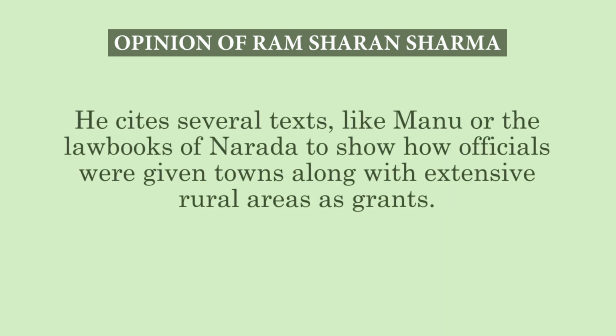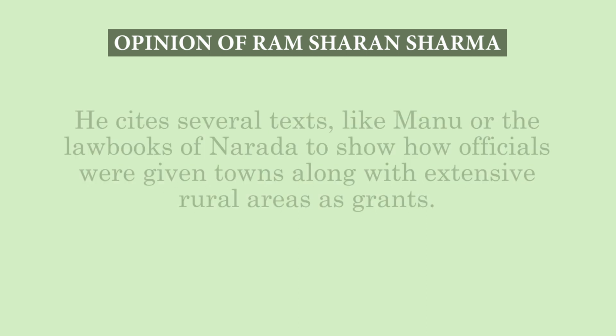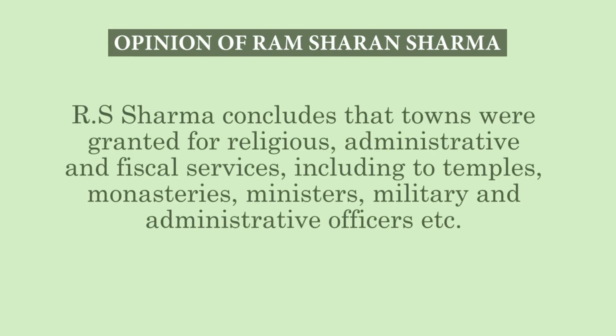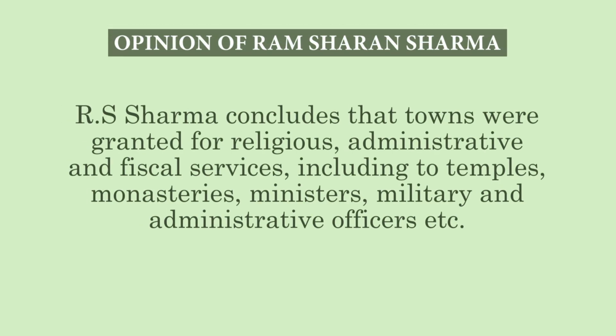He cites several texts like Manu or the law books of Narada to show how officials were given towns along with extensive rural land areas as grants. Following Hiuen Tsang and other writers, R.S. Sharma concludes that towns were granted for religious, administrative, and fiscal services, including to temples, monasteries, ministers, military and administrative officers, etc.